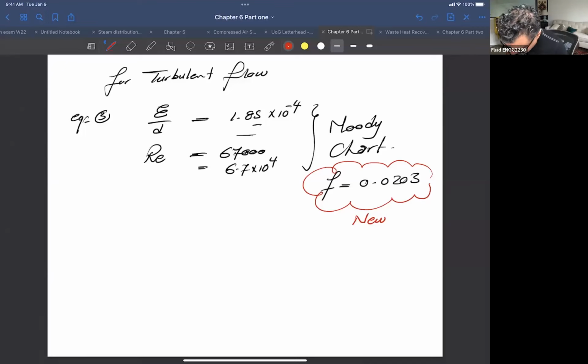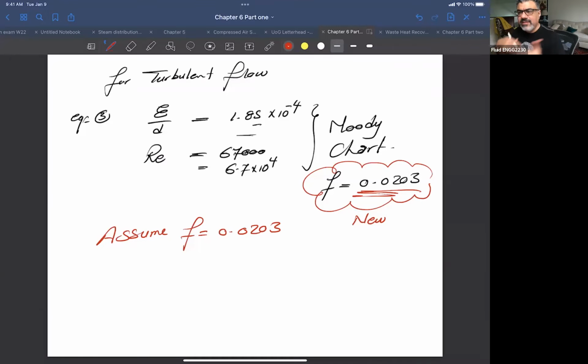So now we're going to assume f is your new value. Okay. So this is how the iterative method works, right? So in this case, when we put a new value like this, equation 1 will give you a different diameter, right?